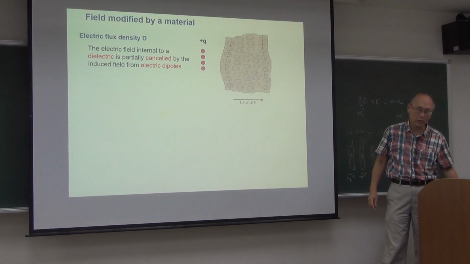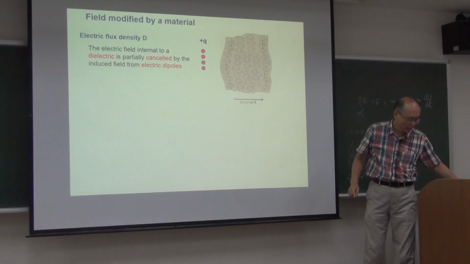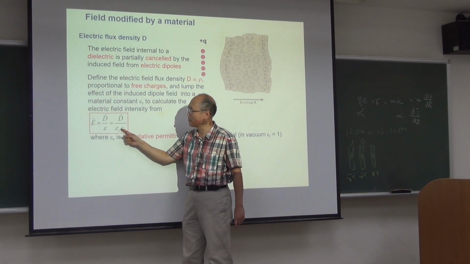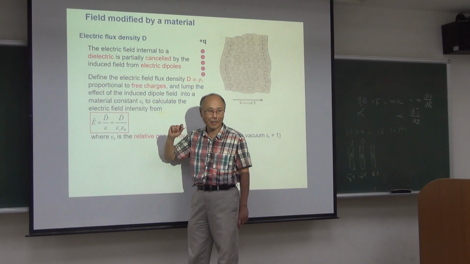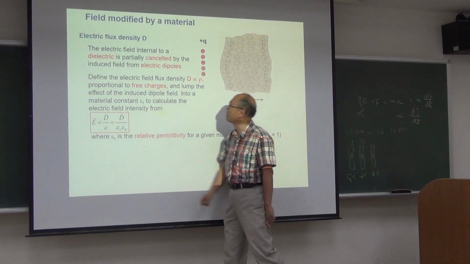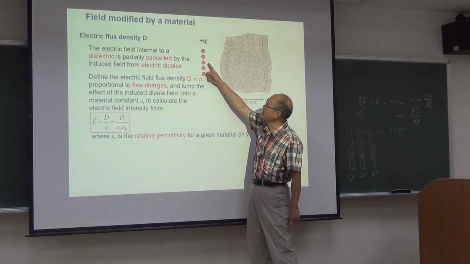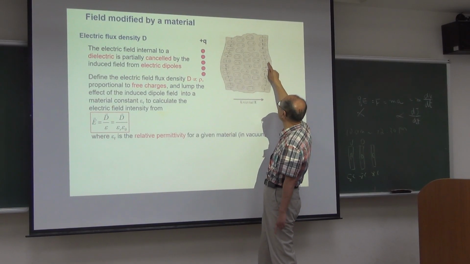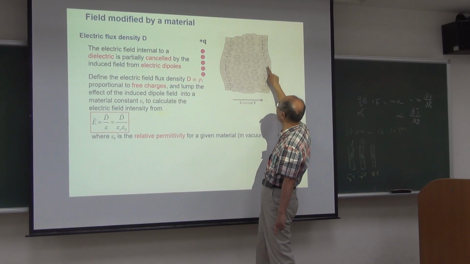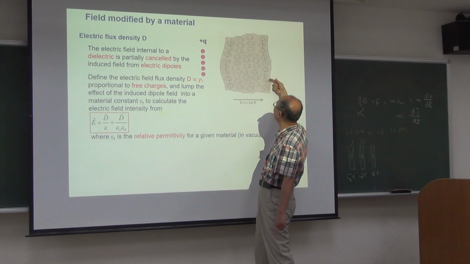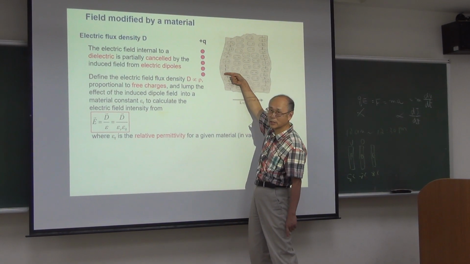But the polarization of the material is going to reduce the electric field by a factor of this permittivity. Okay, by a factor of this permittivity. You can see that if you have a positive charge, then you have the electric field going in this direction. But then you have a positive dipole charge here and a negative dipole charge here. You produce an electric field along this direction.